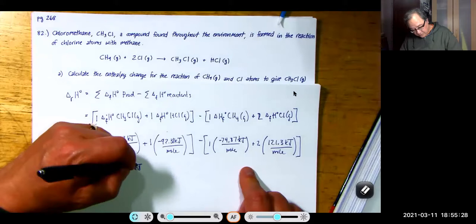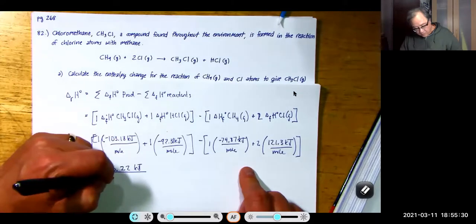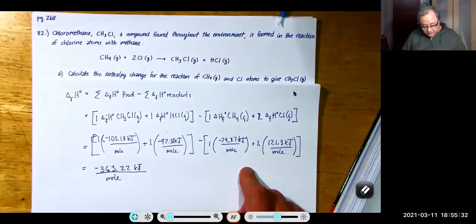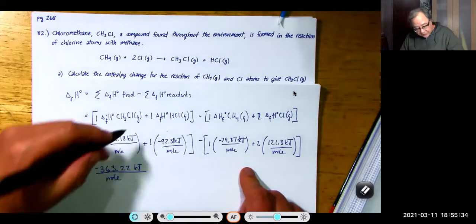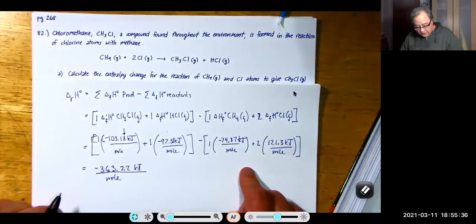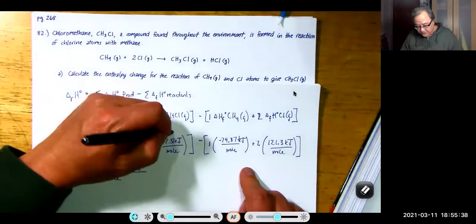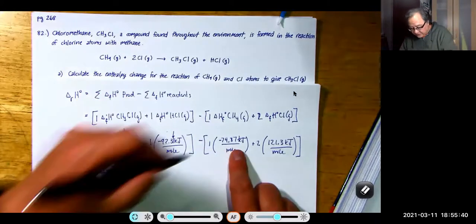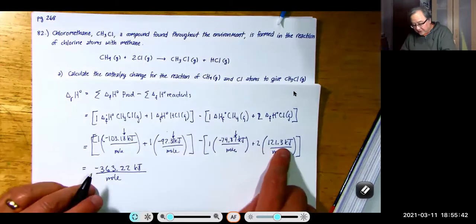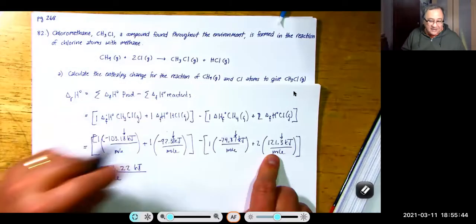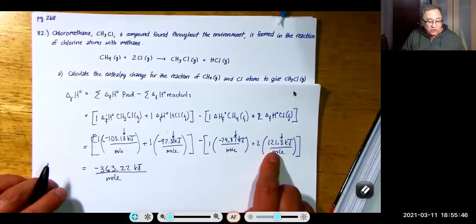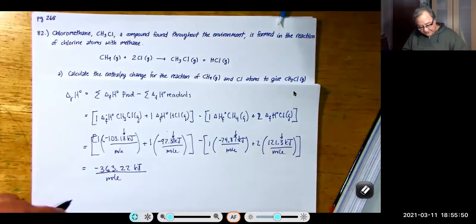Now, where do we round to? Well, 1 times this is good to the 100th. 1 times this is good to the 100th. 1 times this is good to the 100th. 2 times this is going to be good to the 10th because we get 242.6. So we round this to the 10th.